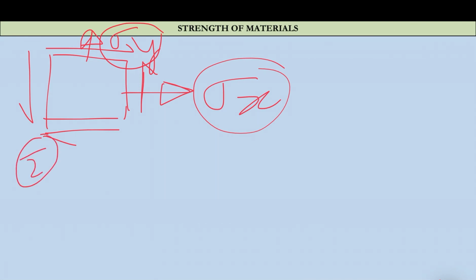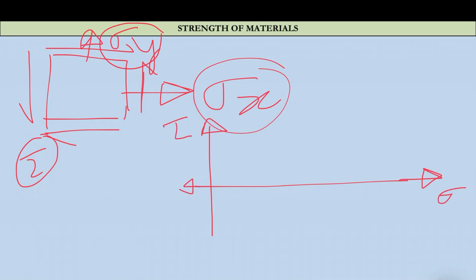How are we going to do that? First, let us say this is your sigma and this is your tau axis. Clear? So this x-axis will become your sigma axis and the tau axis will become your shear axis.